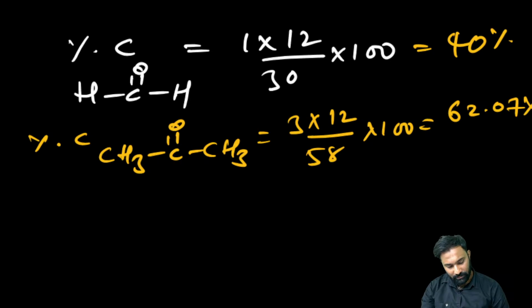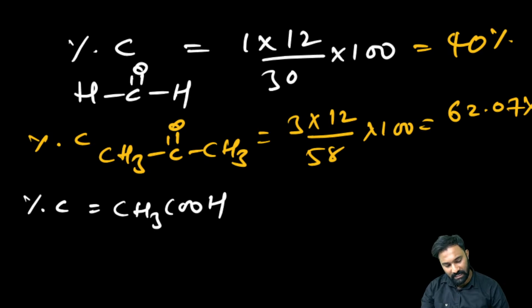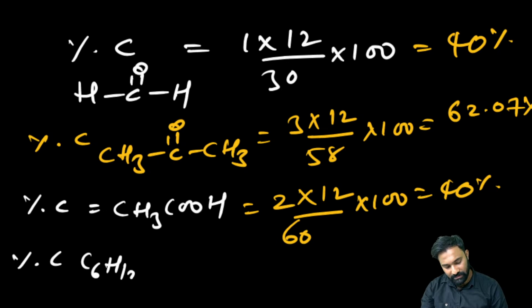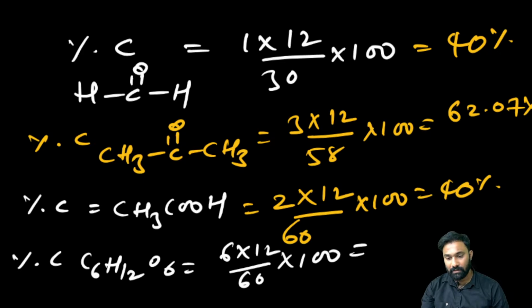Next one, percentage of carbon in acetic acid. Here we are having 2 carbons, right? 2 into 12 by 60 into 100. If you do, you will get 40% only. Next, the percentage of carbon in glucose, C6H12O6. How many carbons? 6. 6 into 12 by 180 into 100, that will give you 40% only.